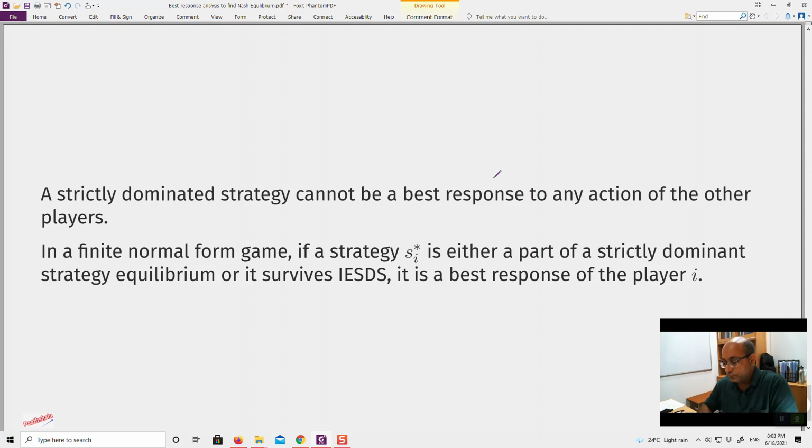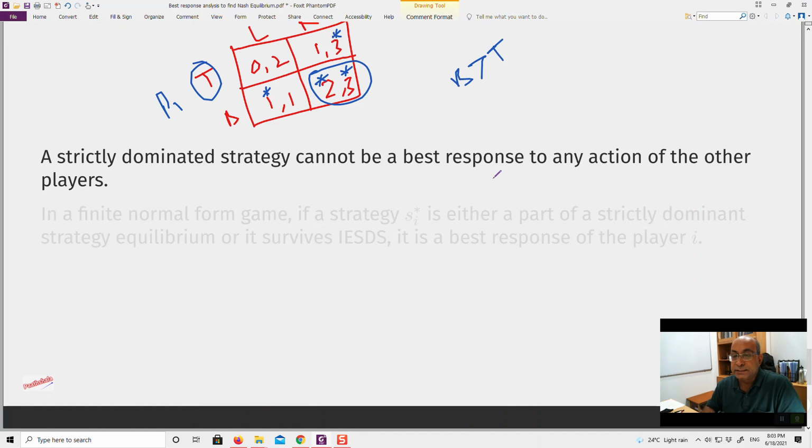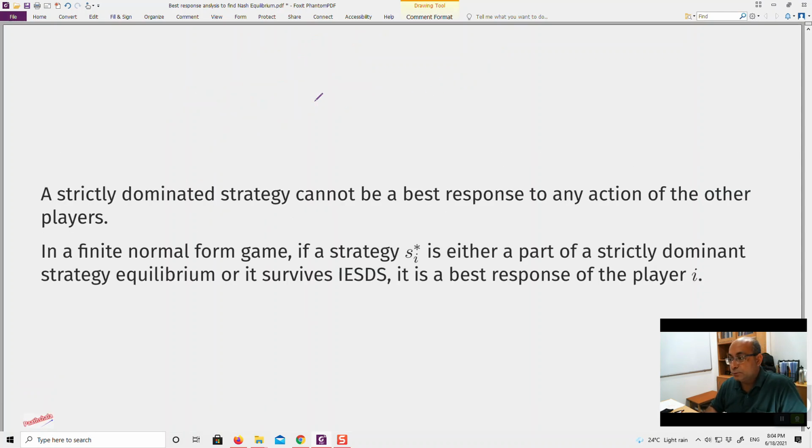So see here, in the example I gave, if we go for the IESDS, we realize that this is strictly dominated, so this will be removed, and then this will be the Nash equilibrium, and this particular thing will be a best response also. This is a strictly dominant strategy against T, and this is a part of best response. So we showed both things using the same matrix game.